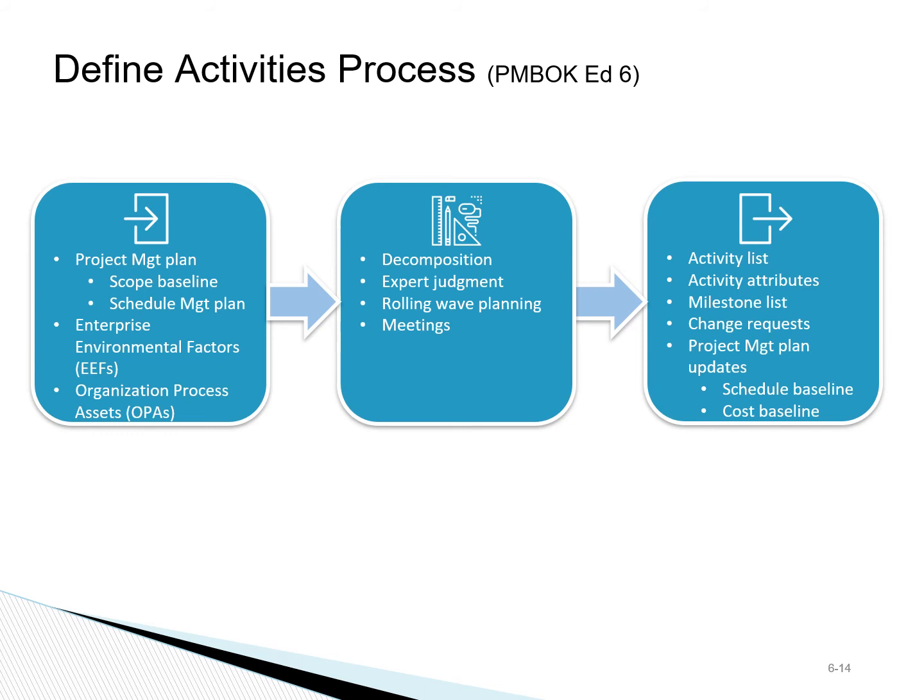It can also involve getting the opinion of the experts to help us to identify activities and their attributes. One of the techniques that is used for doing this is called rolling wave planning, as shown in the next slide.